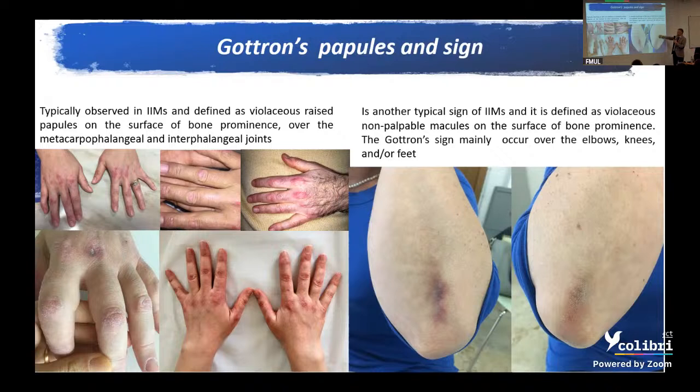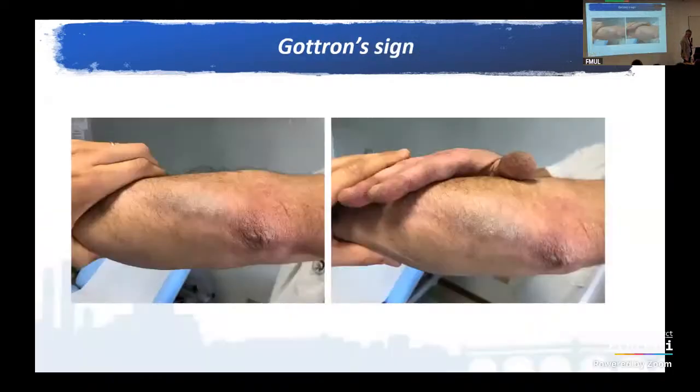We have also Gottron sign, but sometimes Gottron sign could be not easy to diagnose, because I suppose that in the majority of cases, if you are calling this lesion psoriasis, you're right, for sure. But this patient had also mechanic hands, and anti-MDA5 antibody positivity also.